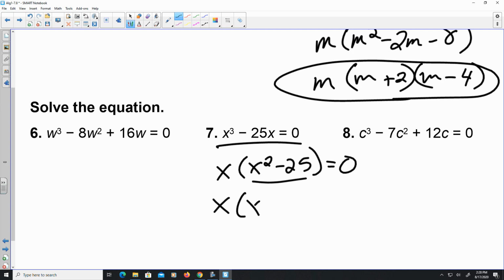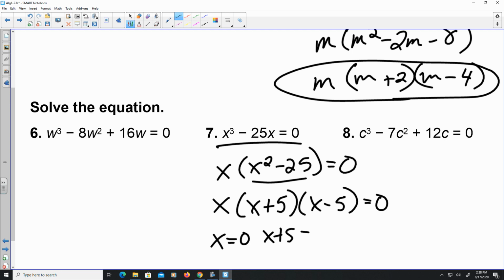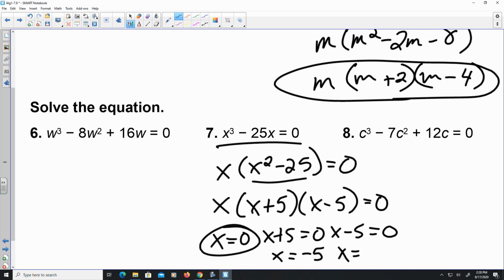So this is going to be x plus 5 times the quantity of x minus 5. Set that equal to 0. So that means that x could be 0, x plus 5 is set equal to 0, and x minus 5 is set equal to 0. So x is 0 is already there. x could equal negative 5, and x could equal positive 5. You could also put plus or minus 5 if you wanted to as well.